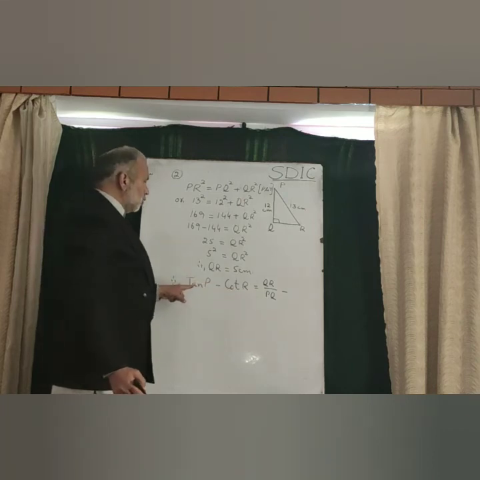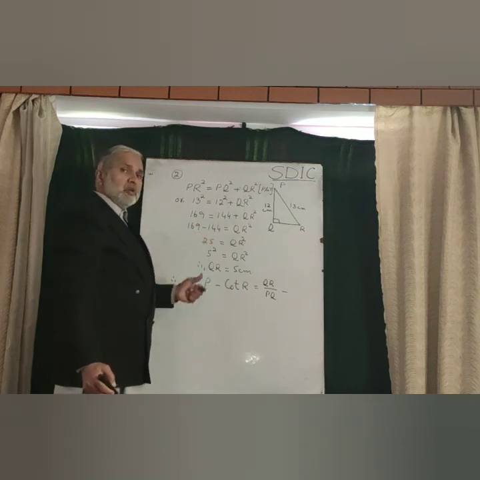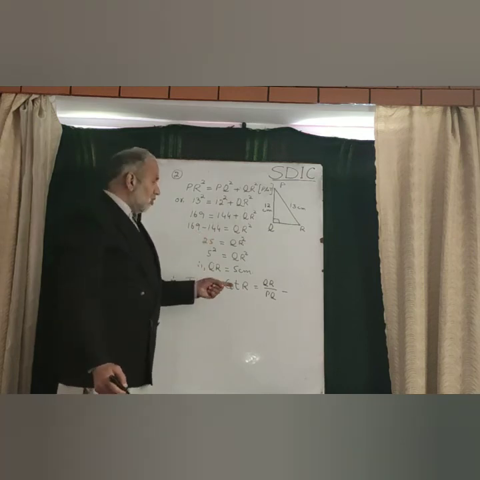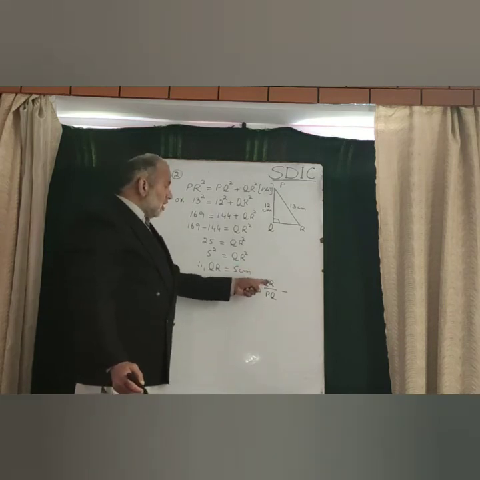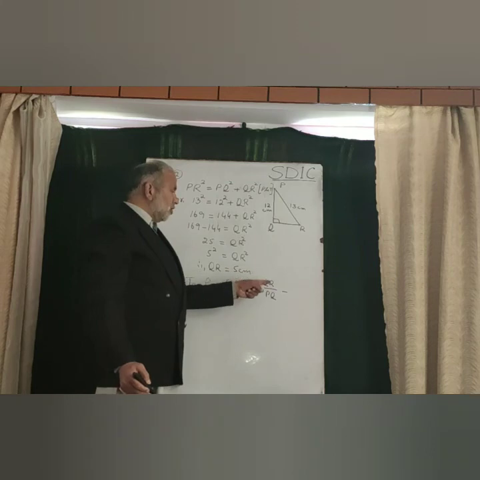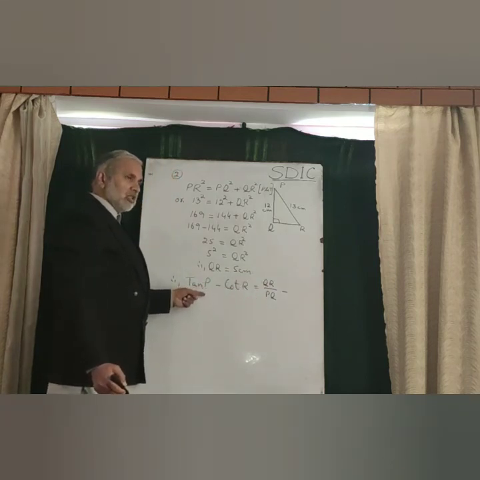Cot we know is reciprocal of tan. Tan being perpendicular by base, cot will be base by perpendicular. Now, will it be therefore PQ by QR? No. We have chosen QR and PQ, perpendicular and base here with respect to which acute angle? P was the acute angle.